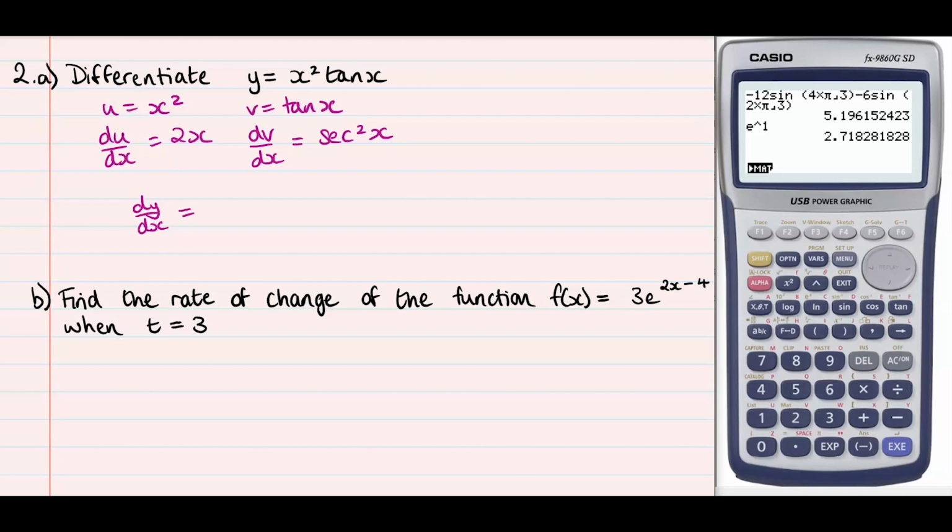Multiplying them, putting them into the product rule gives us, we do u times dv by dx, so x squared sec squared x plus v times du by dx, so 2x tan x.